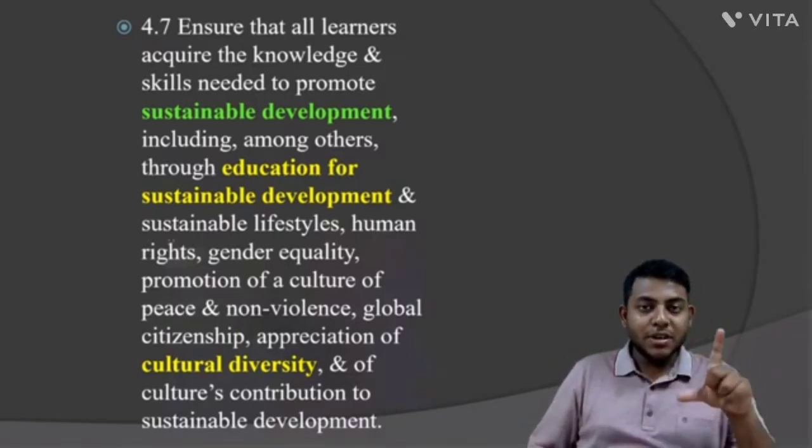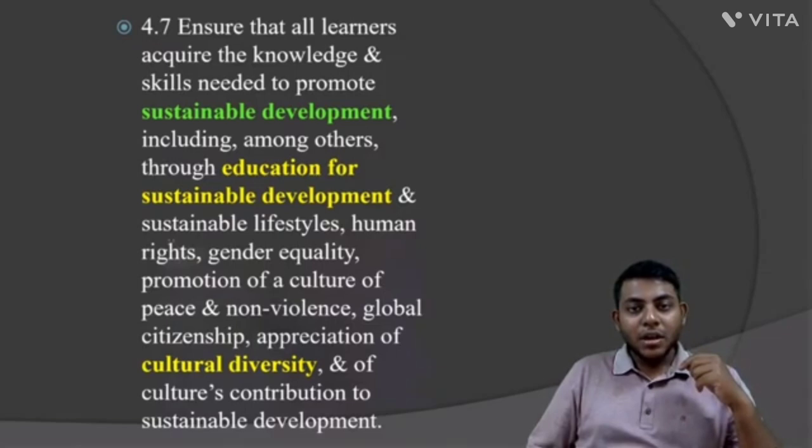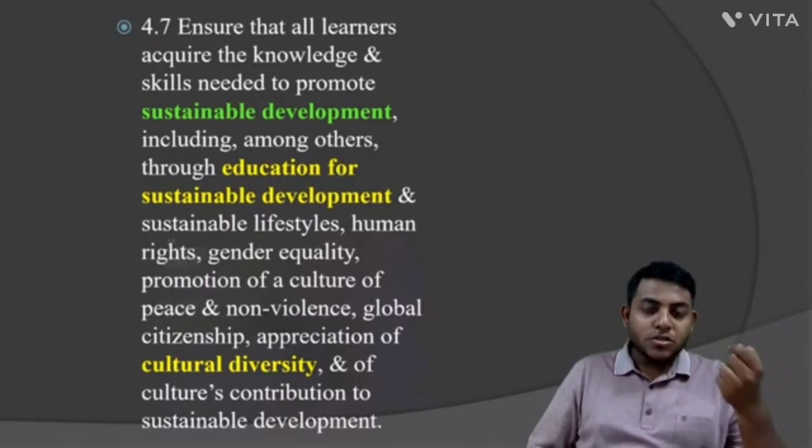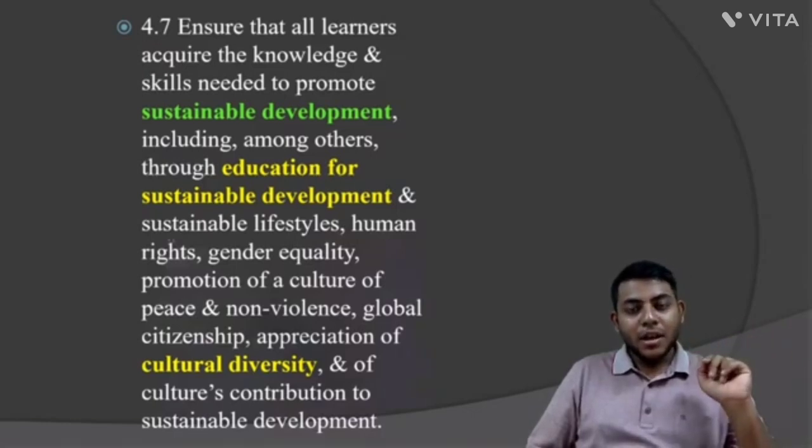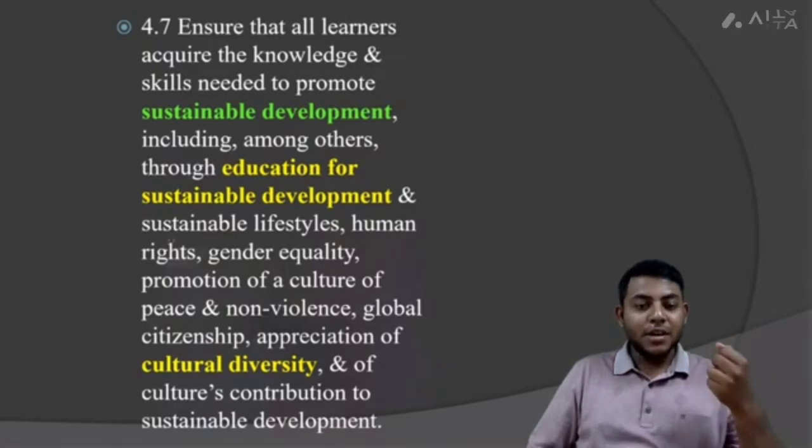Sustainable Development Goal 4.7 is also interlinked with Sustainable Development Goal 16, which talks about promoting peaceful and inclusive societies for sustainable development, providing access to justice for all, and also about building effective, inclusive, and accountable institutions at all levels.